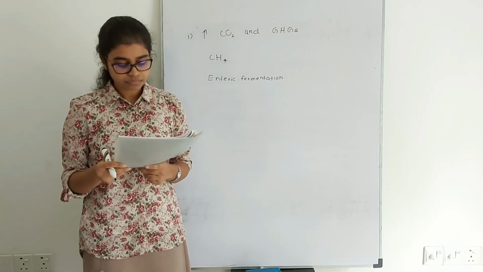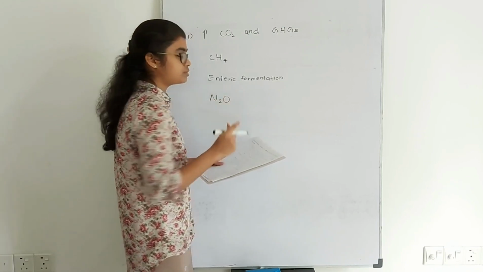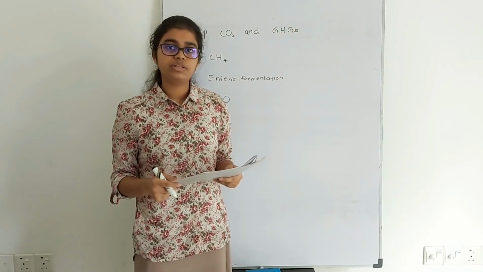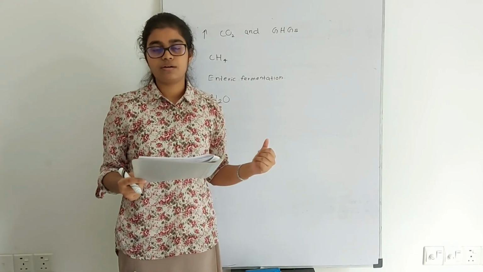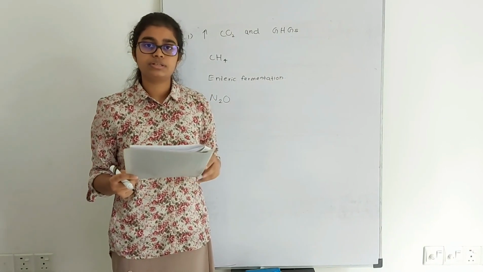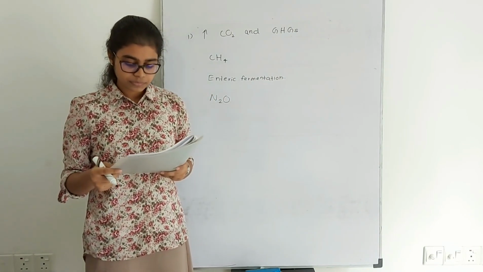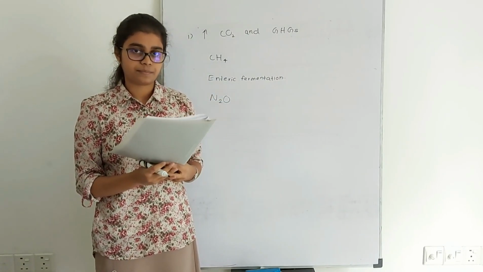Next is nitrous oxide, or N2O. This is a neutral gas which doesn't have acidic or basic properties. So it is less reactive in nature, and it remains for a longer time period in the atmosphere.